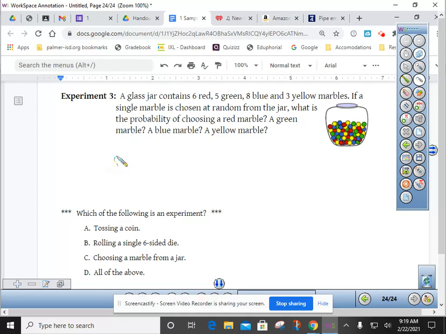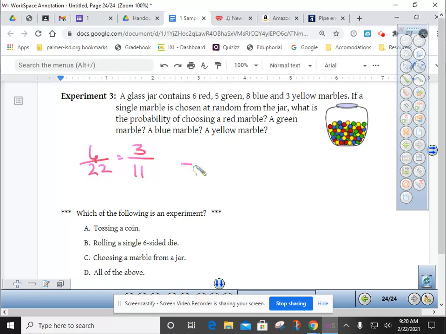How many total are there? 22. How many of them are red? 6. Is that lowest form? No. What is? Divide by 2. 3 over 11. Good.